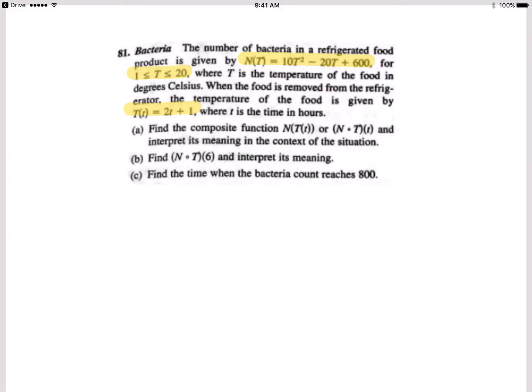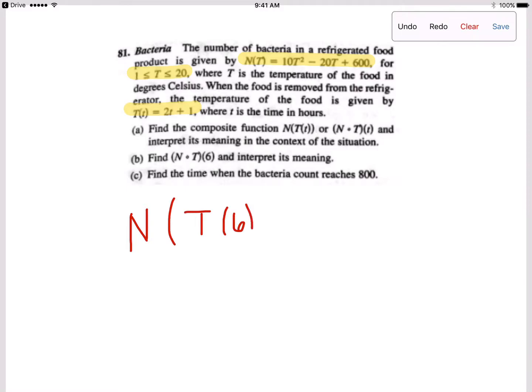In the next exercise, part B, you're asked to find N of T of 6. If we look at this as a nested function, or a composite function, we can figure out the inner function first.